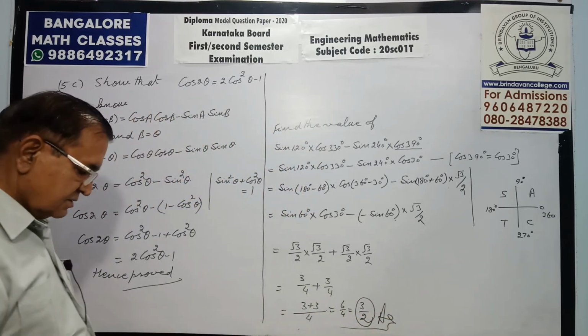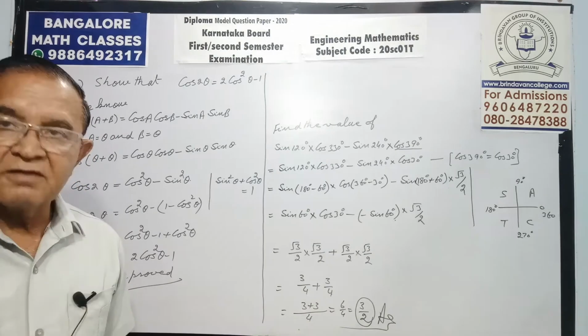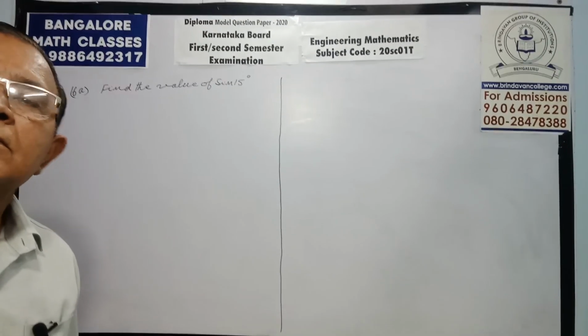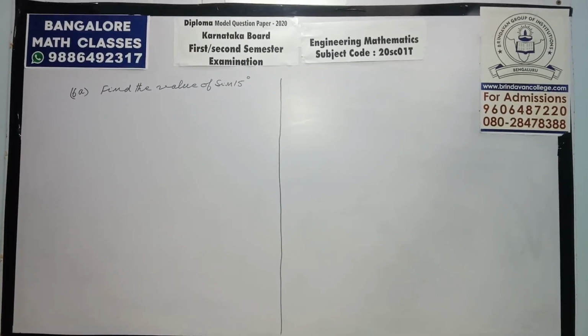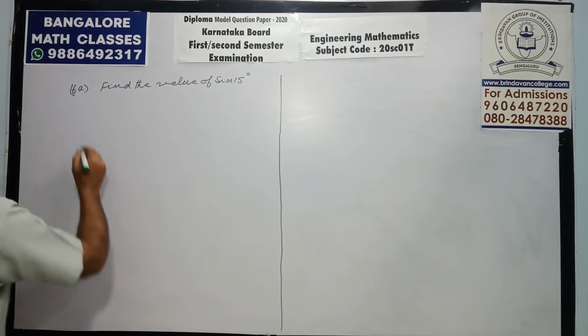So which will be the answer? Just conversion, and try to avoid always 90 and 270. See the next way. Find the value of sin 15 degree.